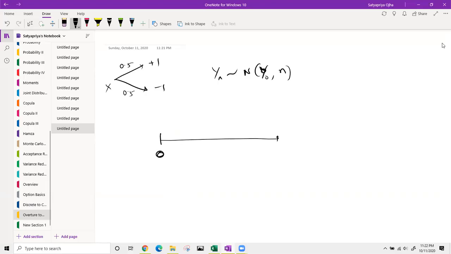At t equal to 0, I'm trying to see where the process can go after time t. The problem of using this particular model as is would be that this is dependent on the number of steps. I don't want the process to depend on the number of steps. The number of steps is arbitrary. It is up to me. I can choose 10 steps between 0 and t. I can choose 100 steps. I can choose 1000 steps.